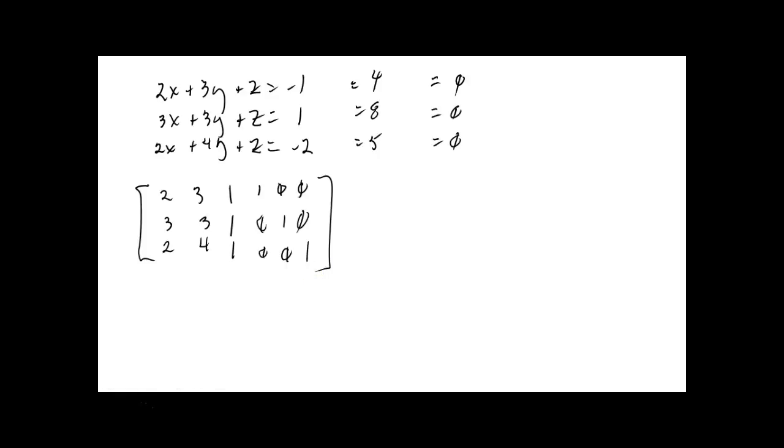Let's switch row 2 and row 1. Actually what I want to do is switch column 1 to column 3. No, but you can't do that. What I want to do is switch columns 4, 5, and 6 with 1, 2, and 3. See if that works.